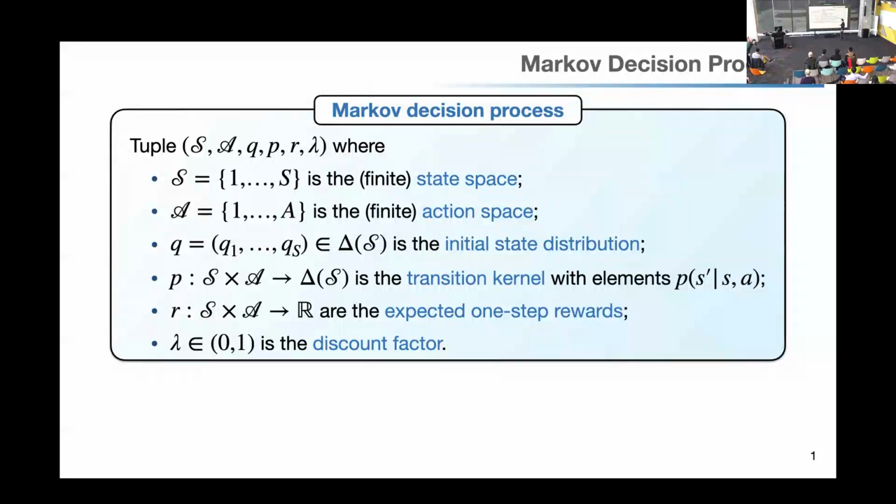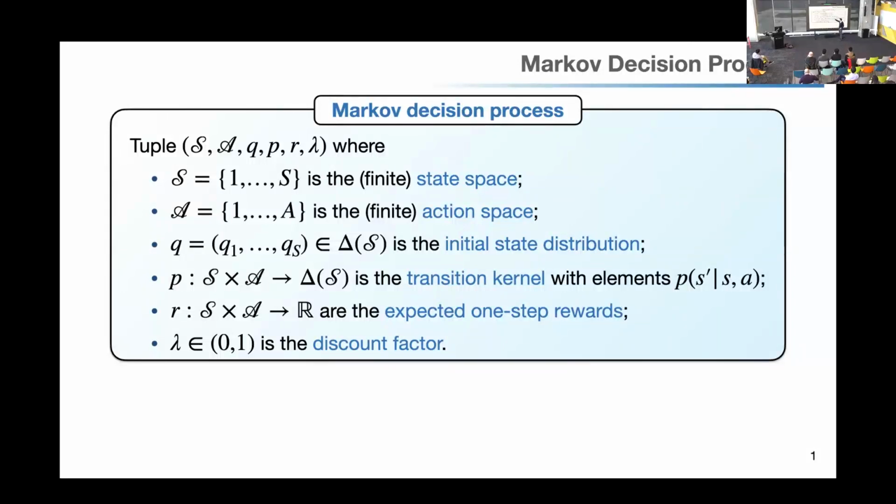I will then assume that the initial state of my system can either be known deterministically, or it could itself be random. And in either case, I will describe the initial state through a probability vector Q, the initial state distribution, which has a component for each state of my Markov decision process. And that component denotes the probability with which the corresponding state is the starting state.